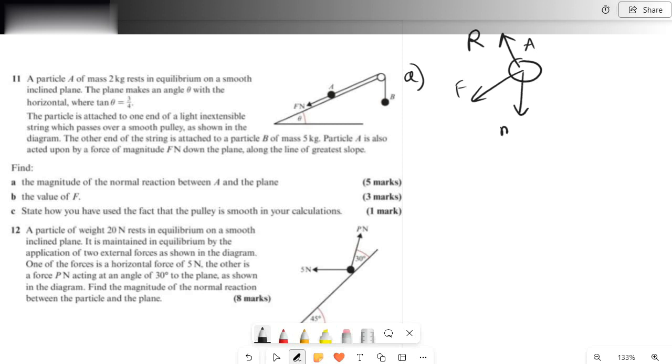Vertically downwards we have mg, which is the weight, and in this case is going to be 2g. And because we know that the angle between the slope and the horizontal is theta, we can also say this is theta, as explained in our previous videos. So this component of weight should be mg cos theta, and this one should be mg sin theta.